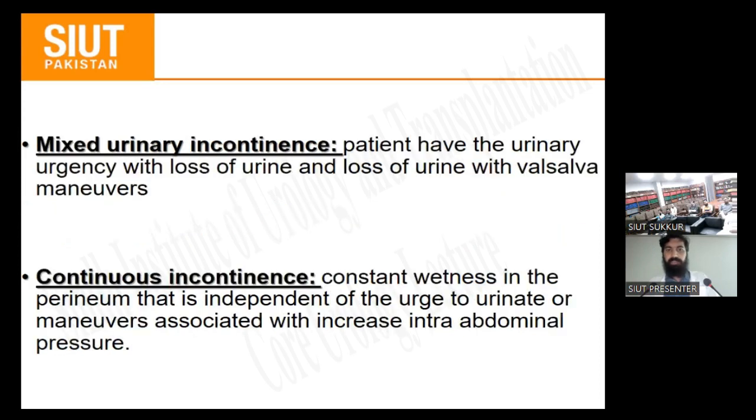Mixed urinary incontinence is when the patient has urinary urgency with loss of urine, and loss of urine with Valsalva or exertion. Continuous incontinence is constant wetness in the perineum that is independent of the urge to urinate or of increased intra-abdominal pressure.